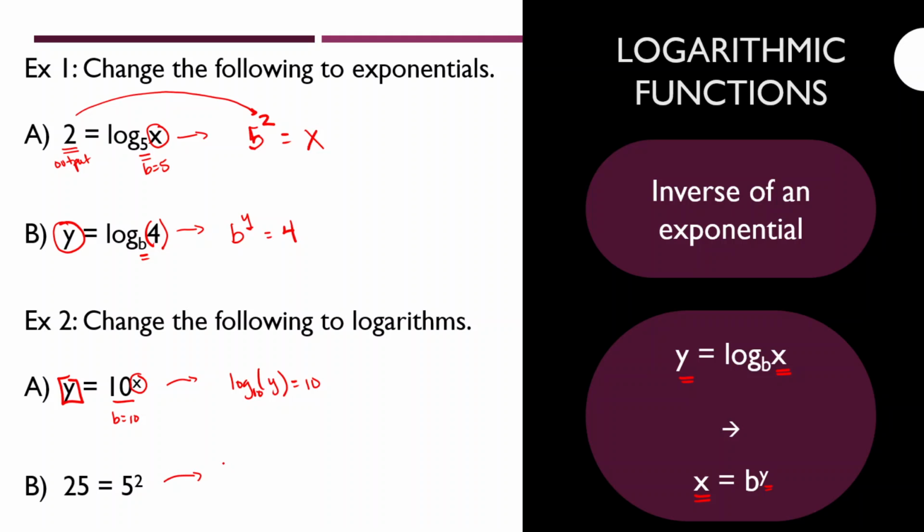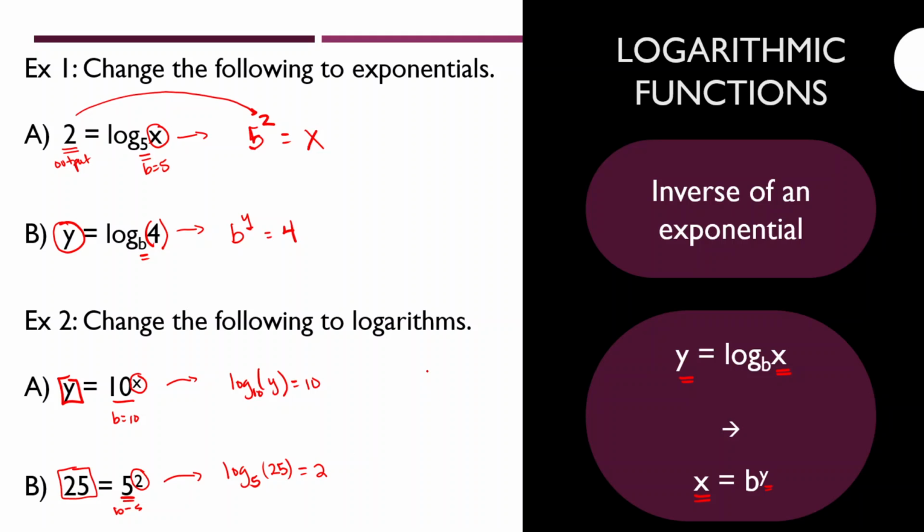So here the base is 5. Whatever the output is goes into the log, and whatever the exponent was becomes the output of the log.